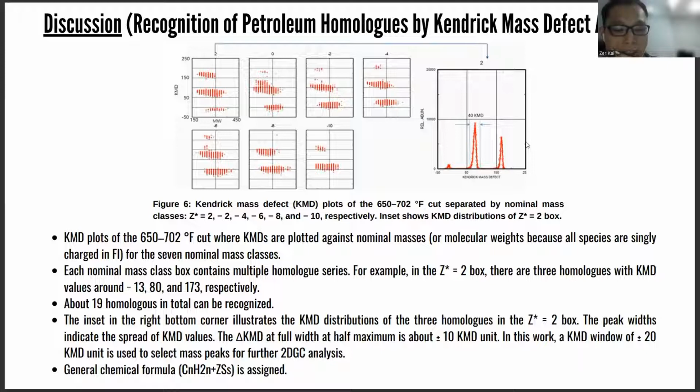The delta KMD at full width at half maximum is about plus minus 10 KMD units. In this work, a KMD window of plus minus 20 KMD units is used to select mass peaks for the further 2D GC analysis. The general chemical formula of the petroleum, CnH2n+ZX, is assigned.